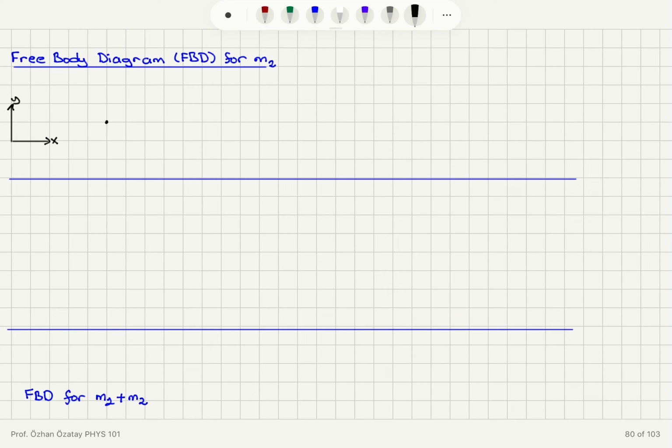There is a force acting on it to the right, which is the force exerted by object 1 on object 2. There is the weight m2g, which is pointing down. There is the normal force that opposes the weight, n2, and there's no friction. So those are the three forces acting on this particle with mass m2.